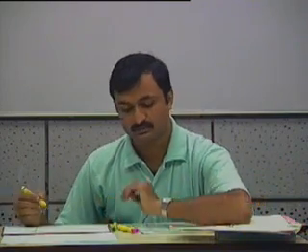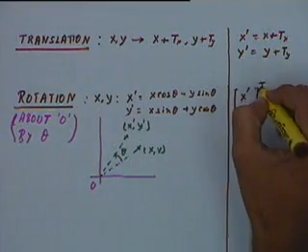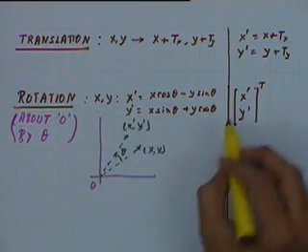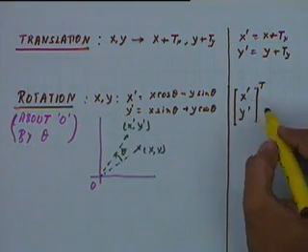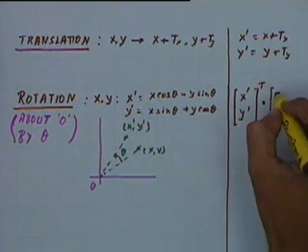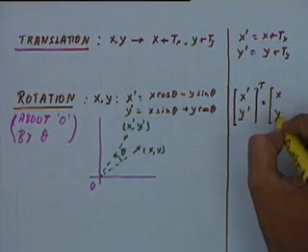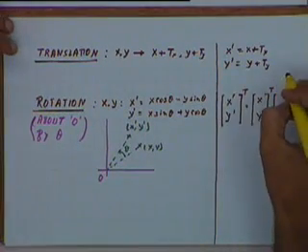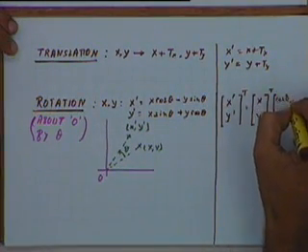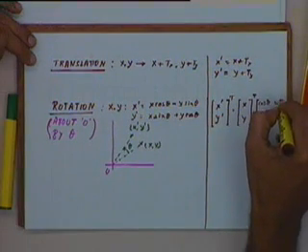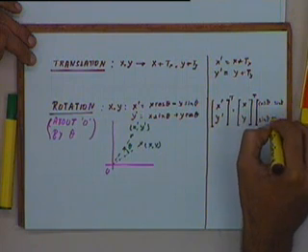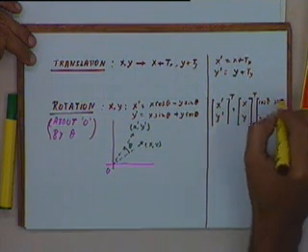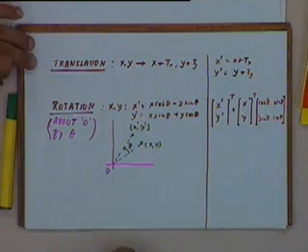Now this can be written in the matrix form like this. I am writing x prime y prime as a row vector. This is equal to the row vector xy multiplied by this 2 by 2 matrix.